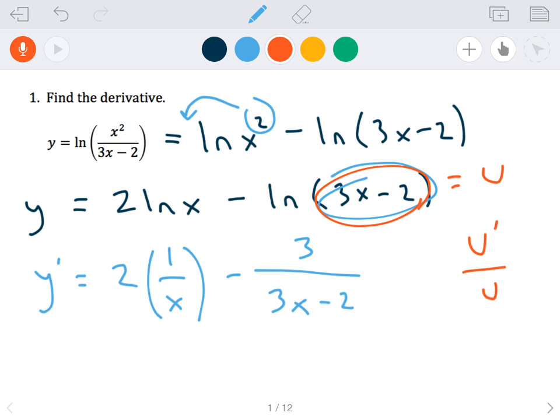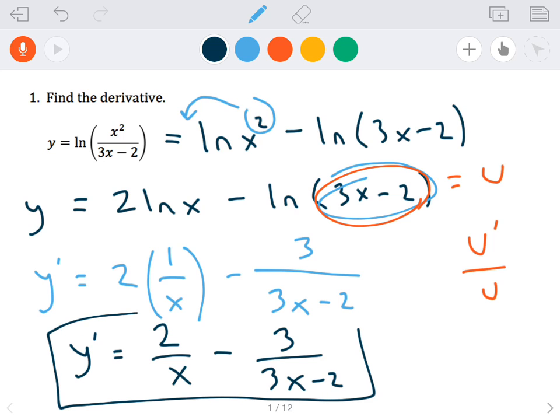And that's it, I'm done. All I have to do now is make that pretty. Y prime equals 2 over x. That was really the only other thing I could do to simplify. And it's done.